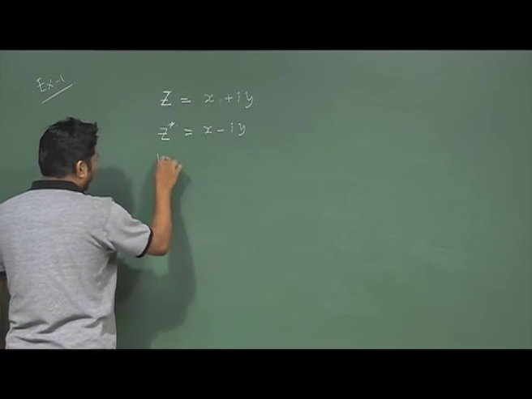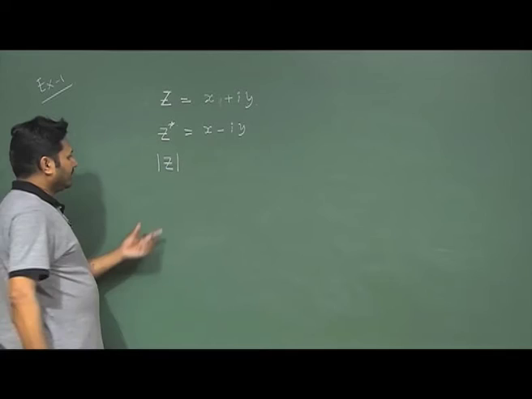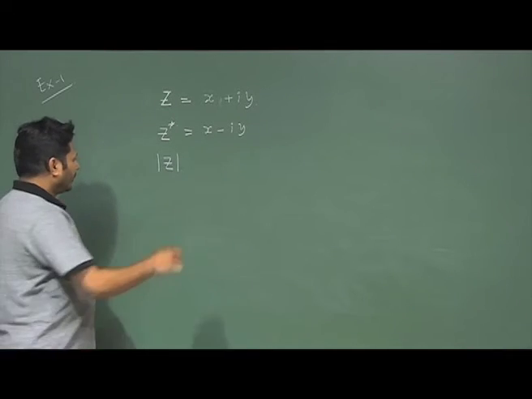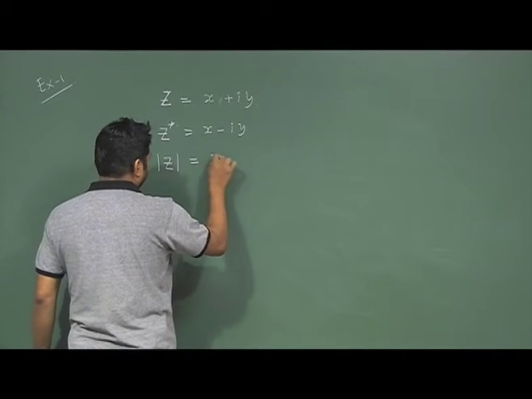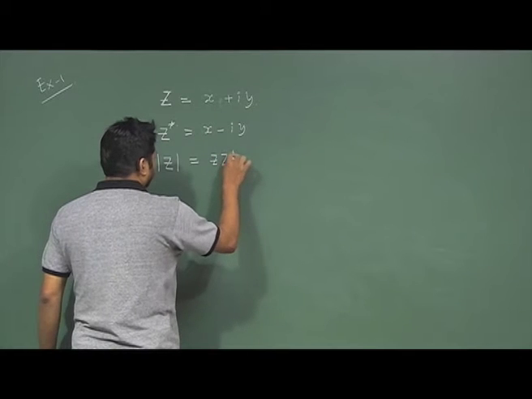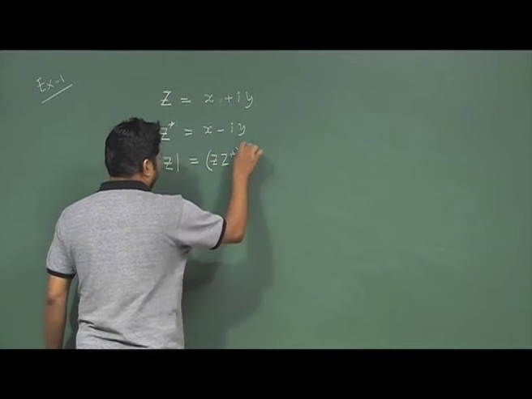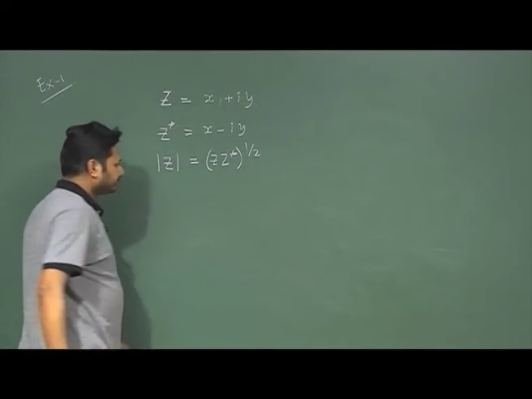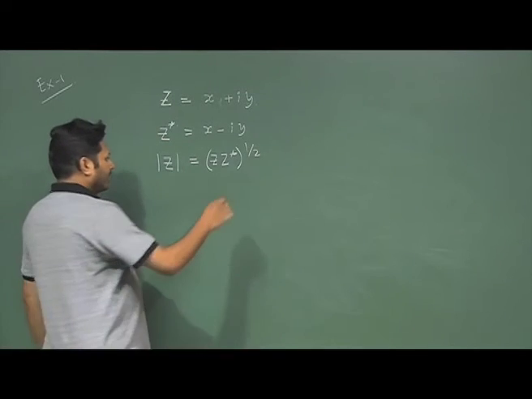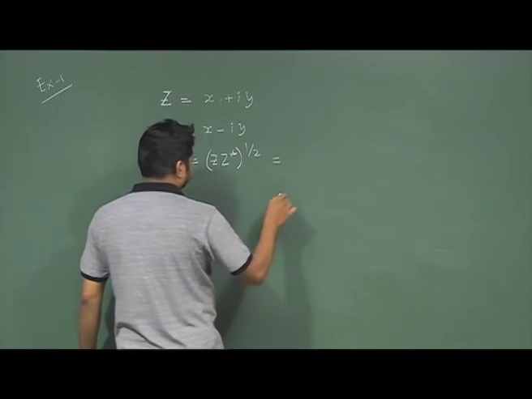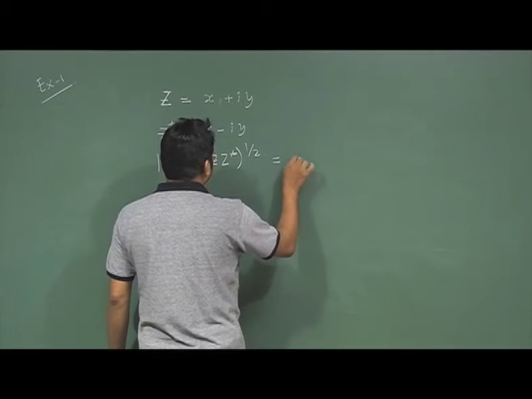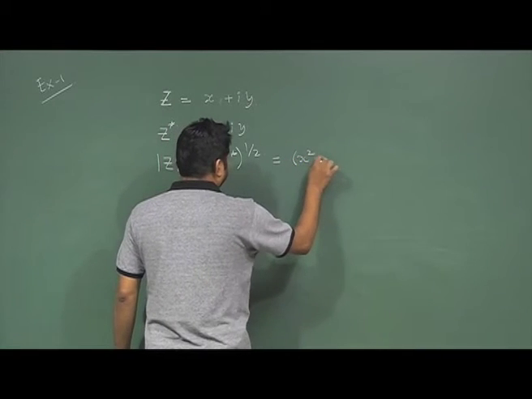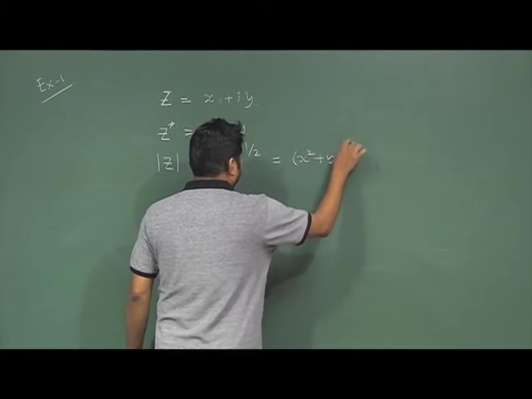And the mod of z, which is important, is z z star whole to the power half, which is equal to x square plus y square whole to the power half.